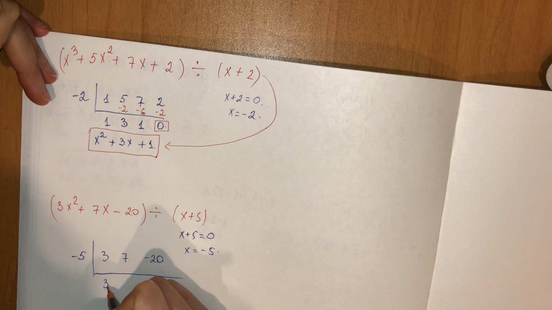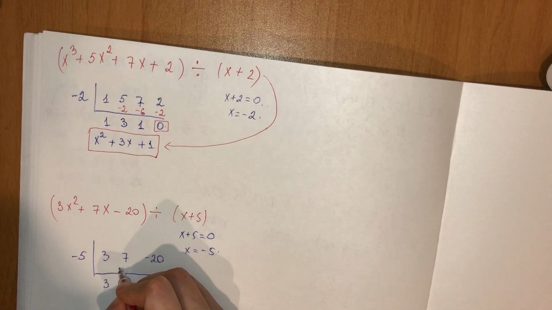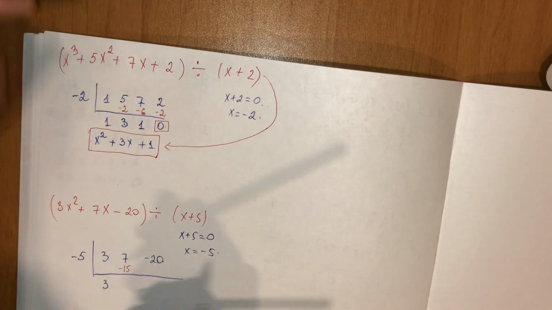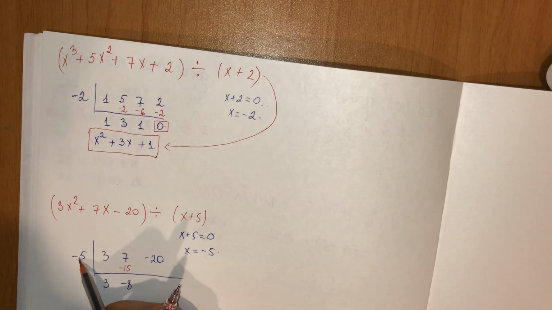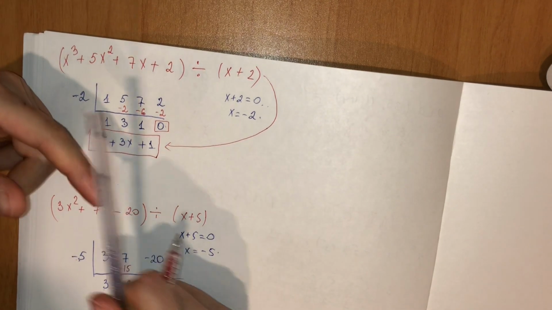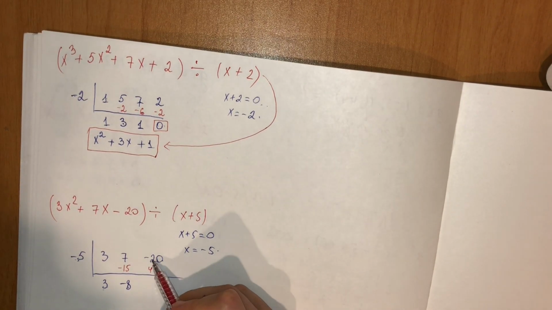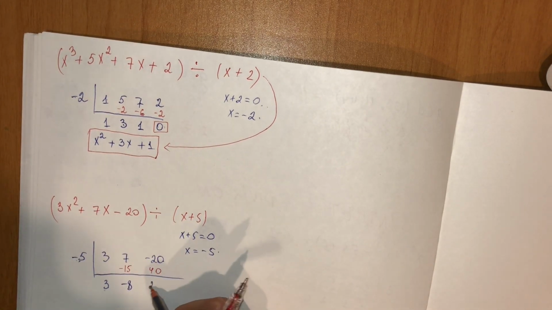And again we write here minus 5 times 3 is equal to minus 15. If we add these two numbers, we will get minus 8. And also minus 5 times minus 8 is equal to positive 40. If we add these numbers, we will get 20.